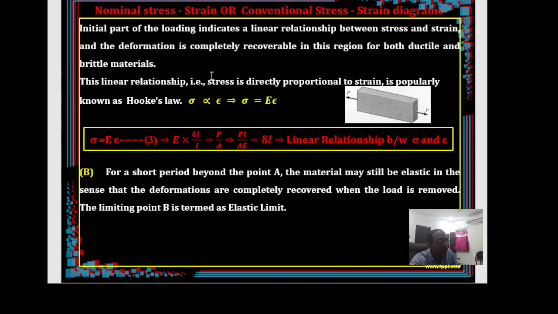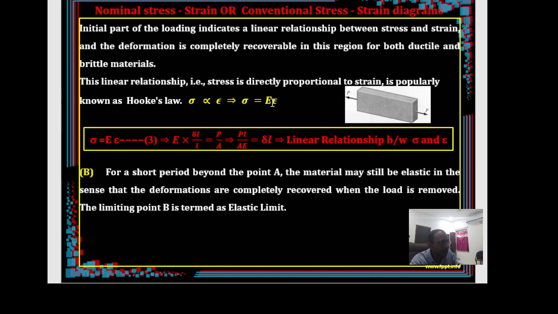There is a famous law in the context of the proportionality limit. Up to point A, stress and strain are proportional to each other. If you replace the proportionality with a constant, you get a constant called Young's modulus of elasticity, and this law of stress and strain being proportional is called Hooke's law.